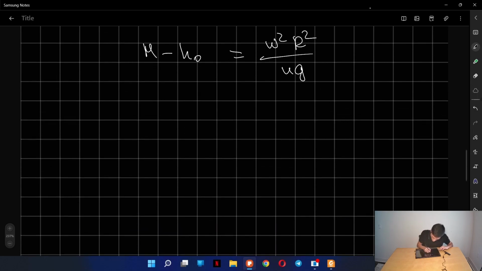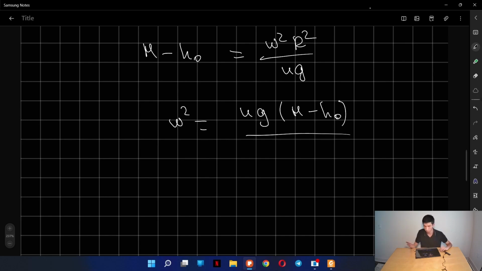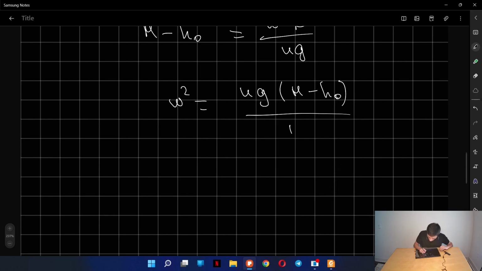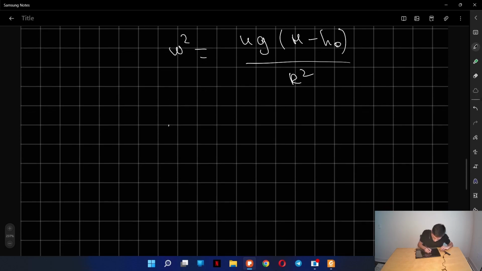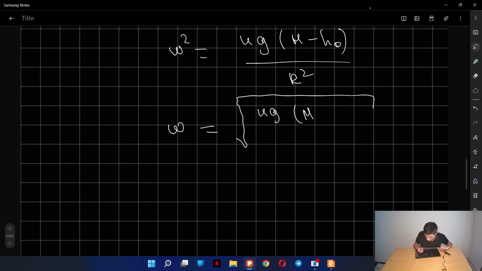And omega squared is going to be equal to 4g times (H minus the initial height of the liquid level) over R squared. So in order to find the angular frequency, we're just going to take a square root of it. So it's going to be the square root of 4 times the gravitational acceleration times the height of the cup minus the initial height of the liquid level, over the radius of the cup squared.